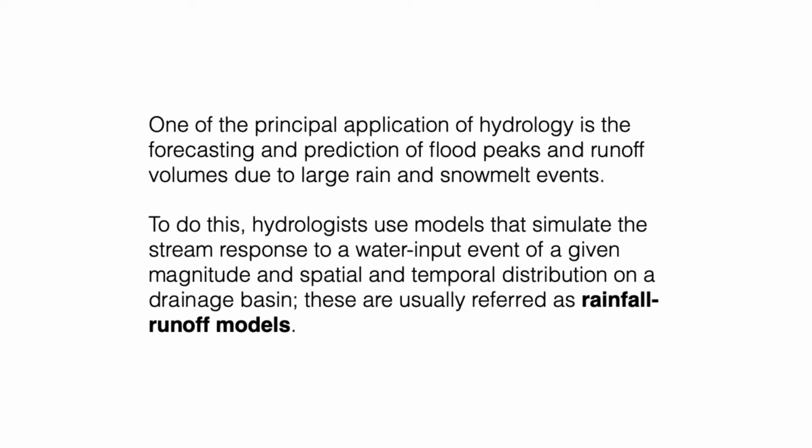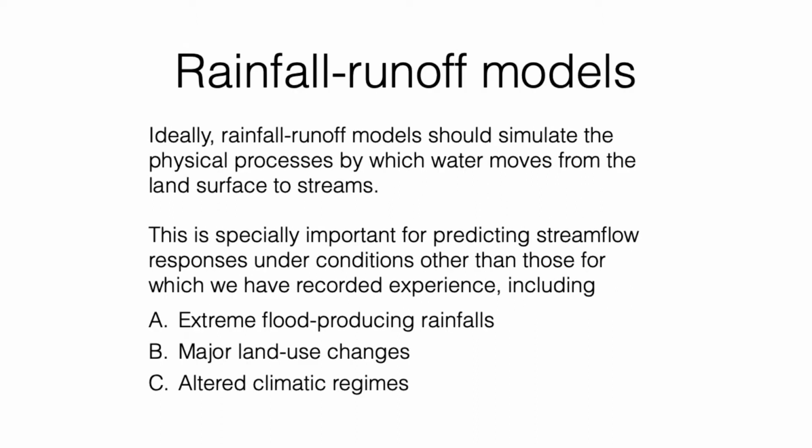The models that allow us to compute the hydrograph response from rainfall information are known as rainfall runoff models. Ideally, these models should simulate all the processes that intervene in the movement of water from the surface of the soil to the stream. The simulation of the underlying physical processes is important for predicting streamflow responses under conditions different from the ones for which we have recorded experience.